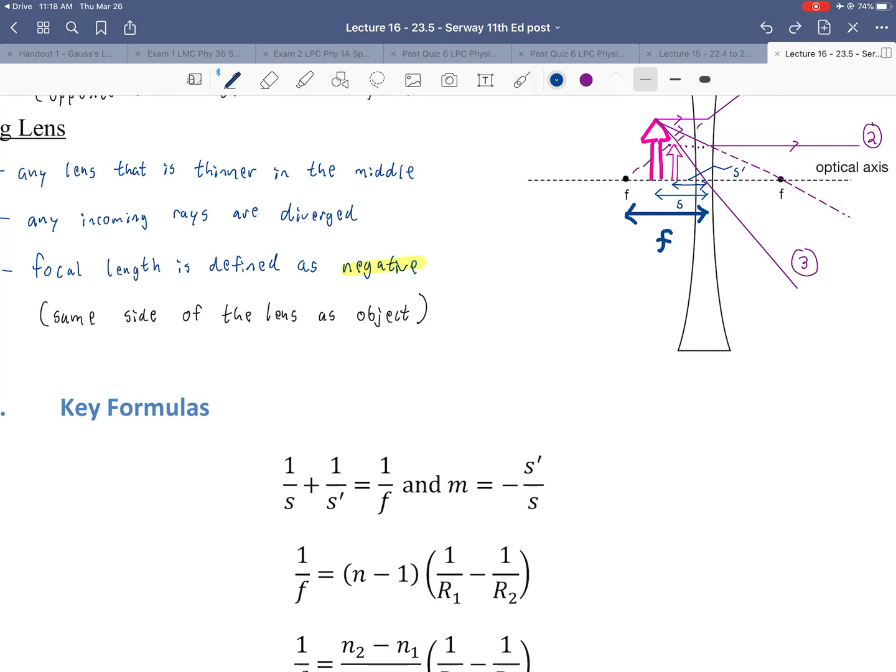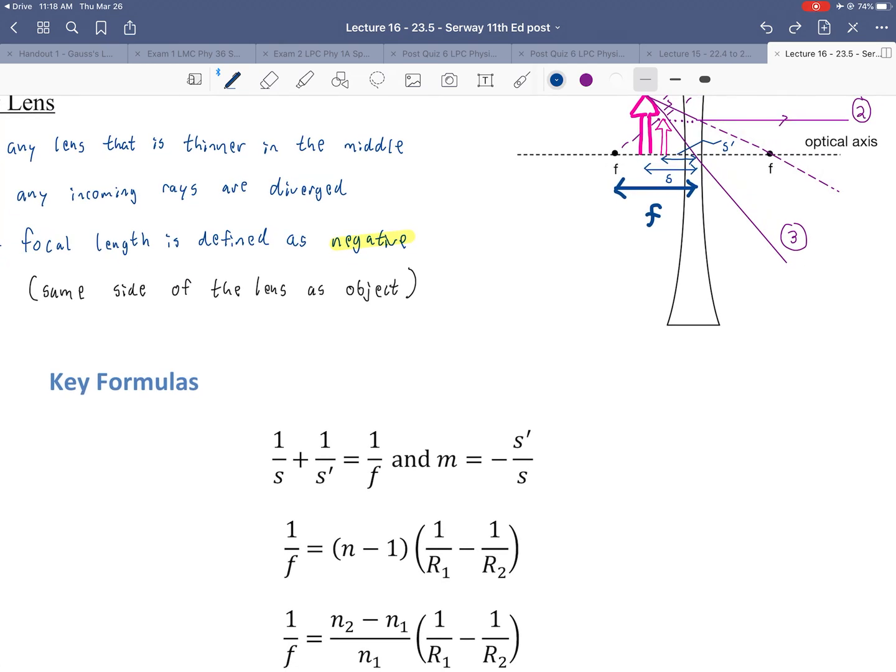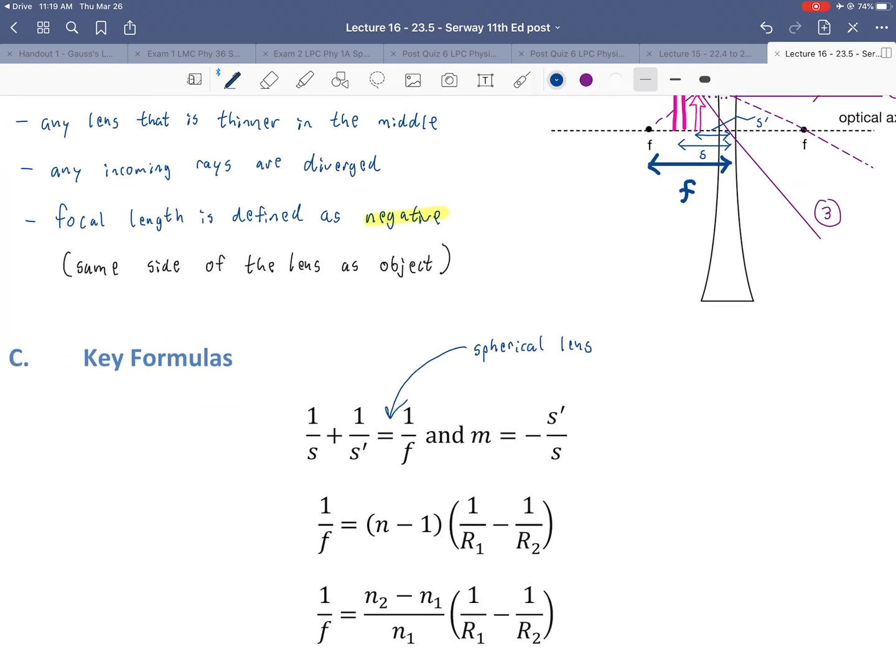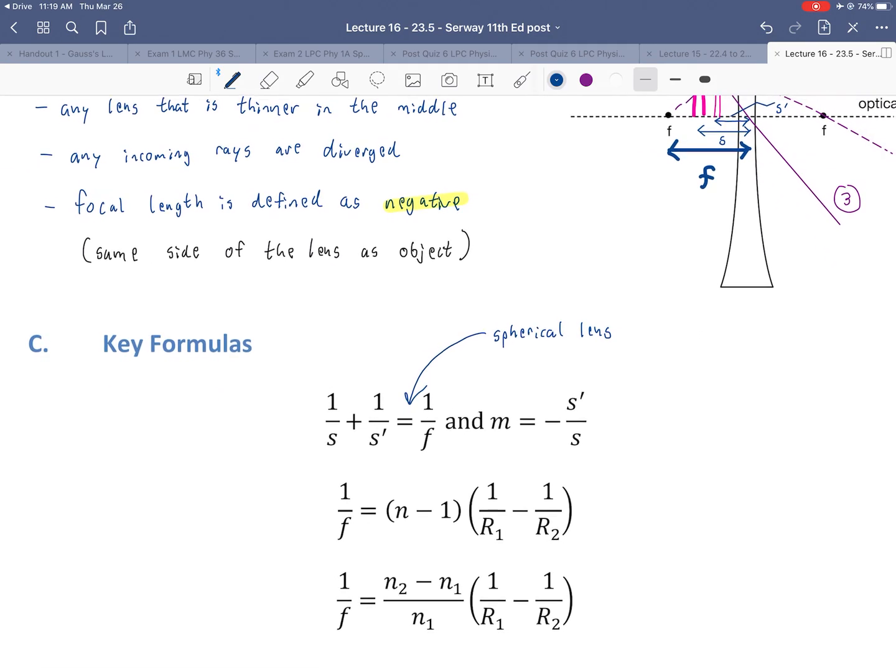Okay? So take a look at the formula then. So this would be the thin lens formula, which you notice is the same as the spherical mirror formula. So we can use this formula for both types of optical devices, spherical mirrors and spherical lenses, because here we are dealing with slices of a sphere, in both cases of the diverging and converging lens.